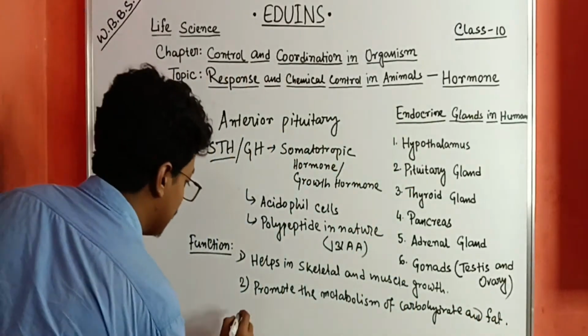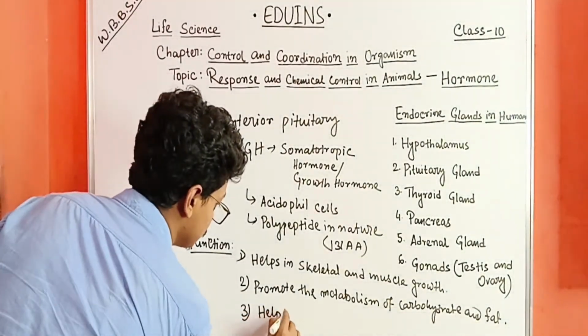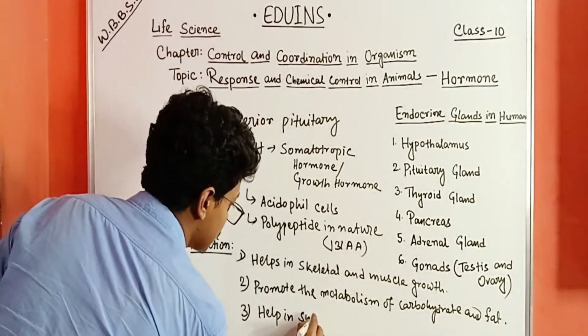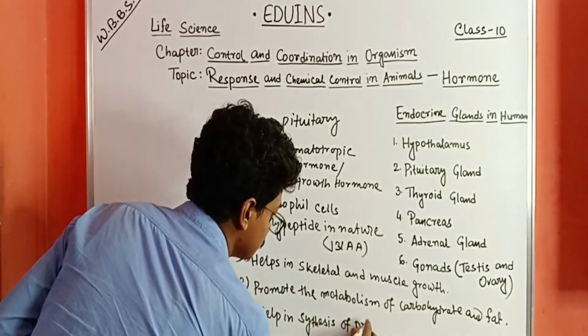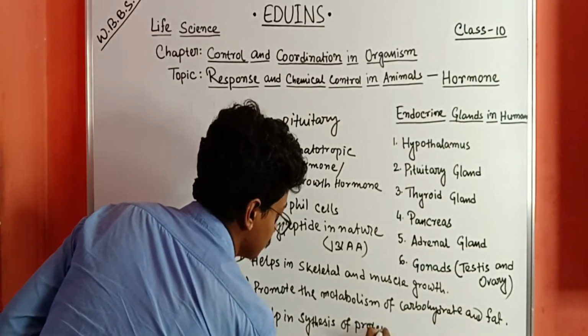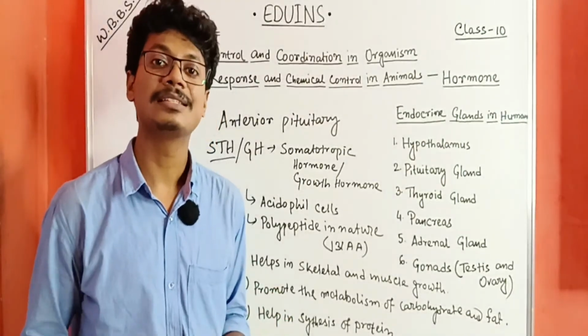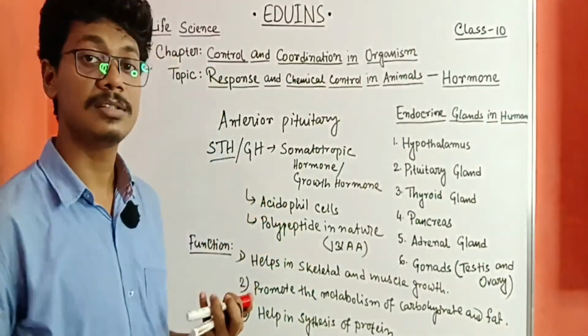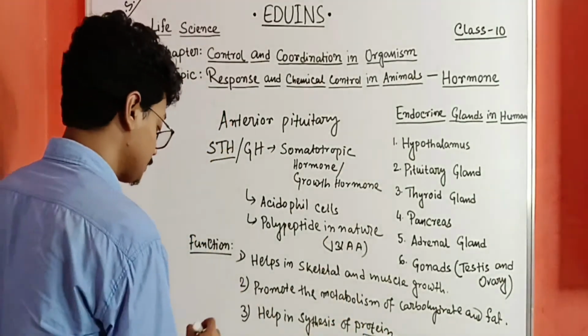Number 3, it helps in synthesis of protein. Why? Because for bodybuilding, protein is the essential substance for muscle growth. So it helps in synthesis of protein.